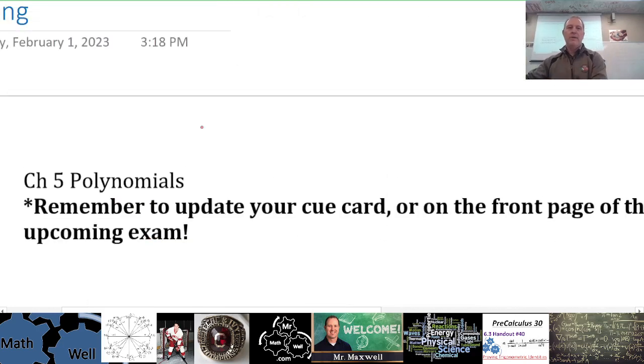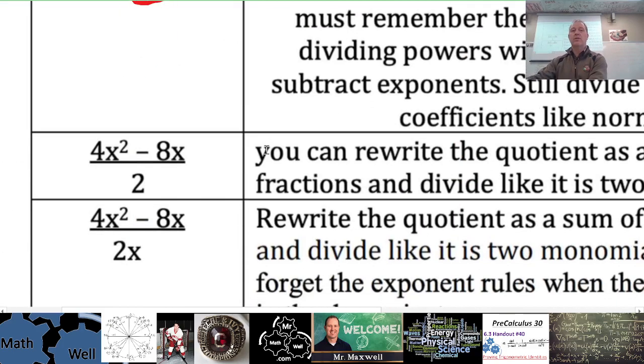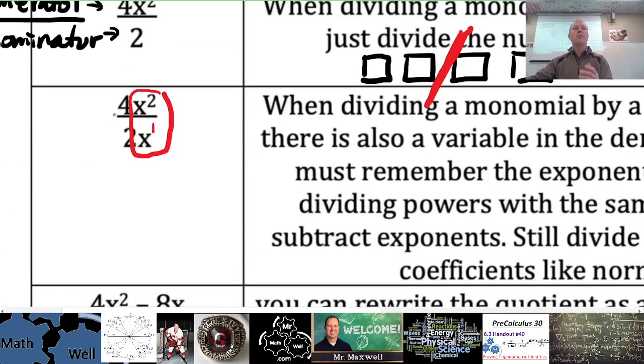If we have x times x squared, what's the answer there? X what? X cubed. Yeah, it's x cubed, and that's because we added 1 plus 2, right? So dividing is the opposite of multiplying. So what's your guess? What do you think we should do with the exponents of like variables when we divide? What do you think?